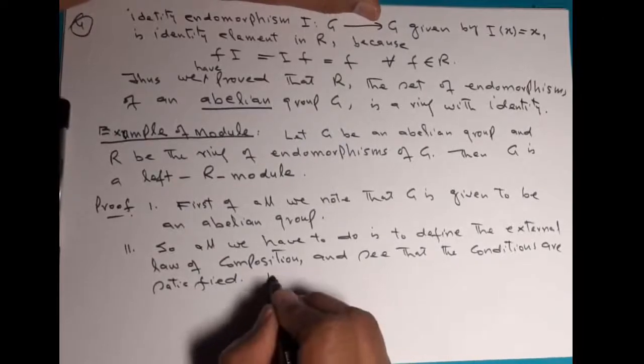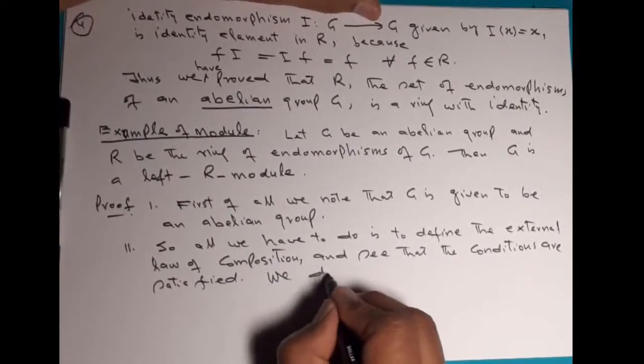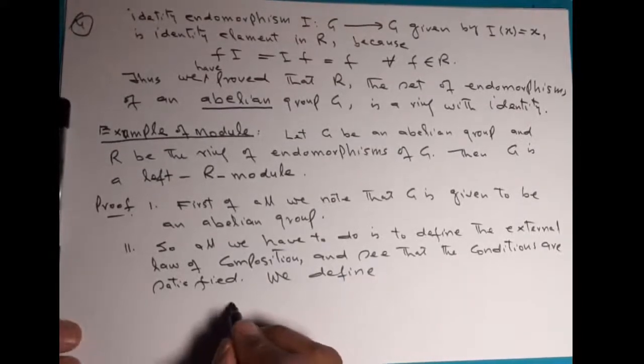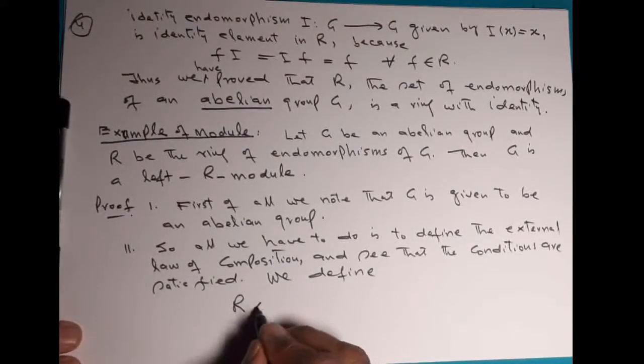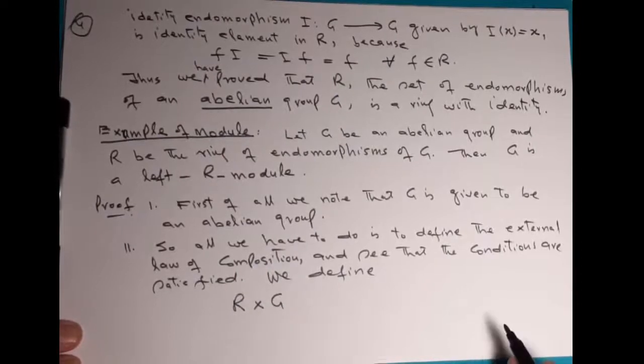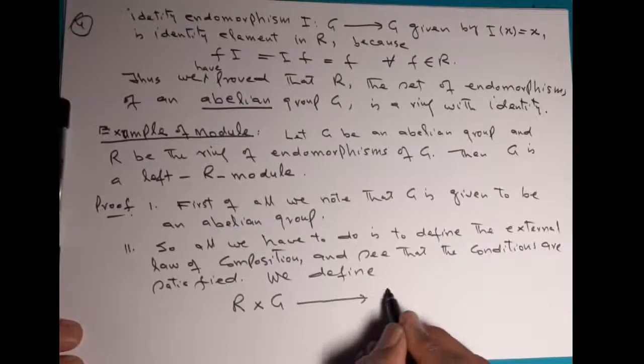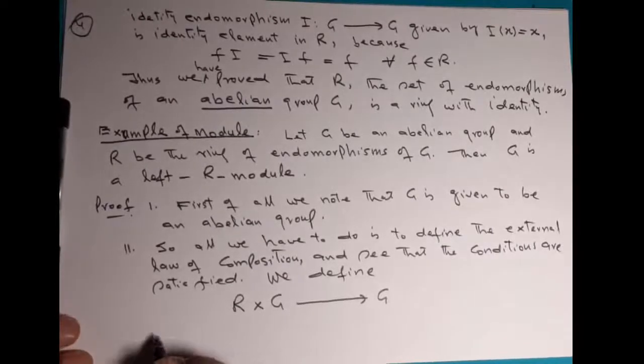This is very simple. What we define is as follows. We define R cross G, the Cartesian product of R and G, into G as follows.